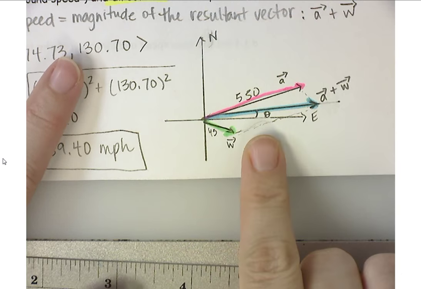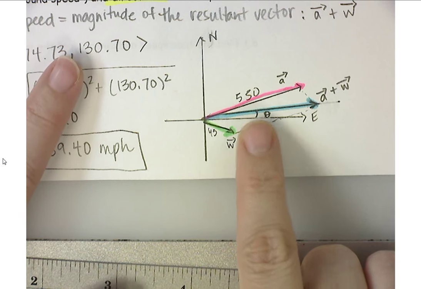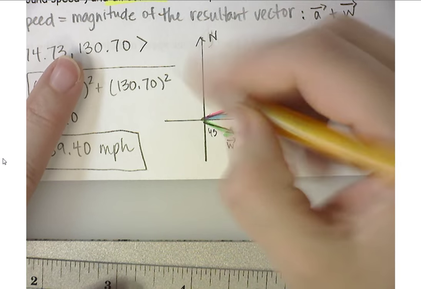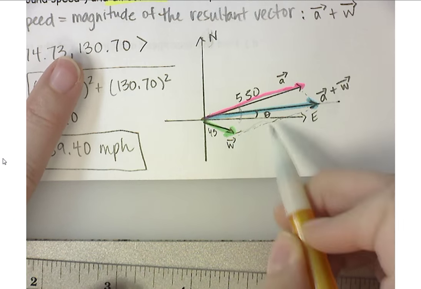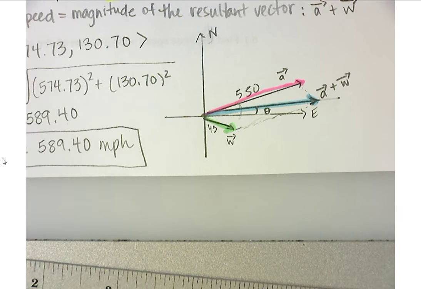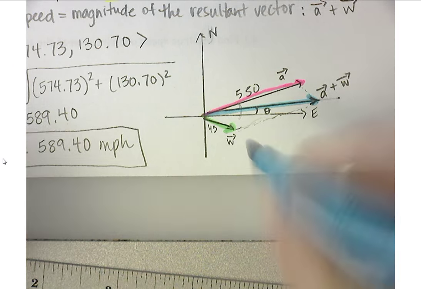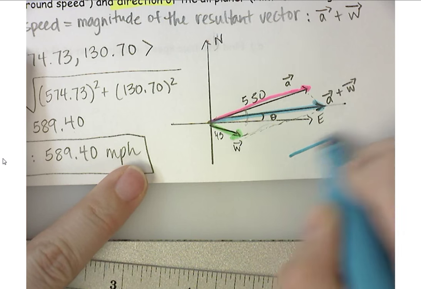You guys with me? So the value of theta here is going to start east and then go up to the resultant vector. We already know that this theta value is 15. What we're trying to find is this value. So what we do is we use tangent. I'm going to take just this little part of the picture.